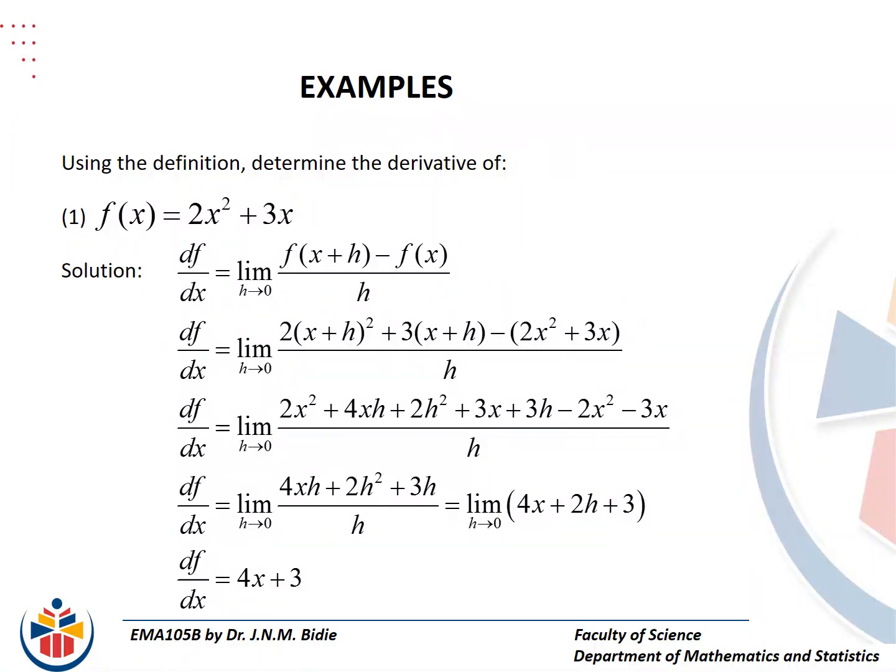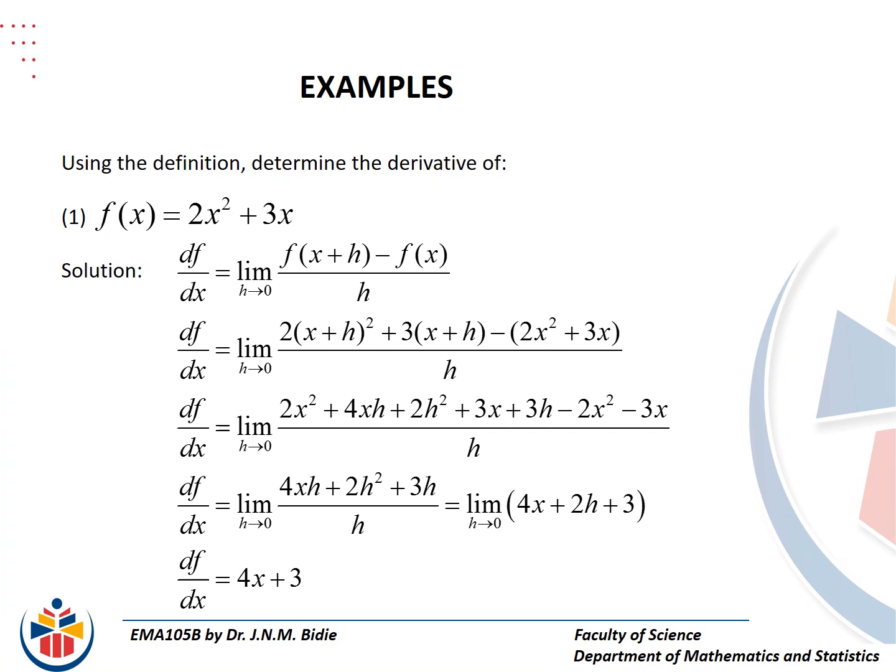Hence, I have here 2 into x plus h all squared, plus 3 into x plus h, minus f of x as it is. Note I've put f of x in brackets because it has 2 terms.